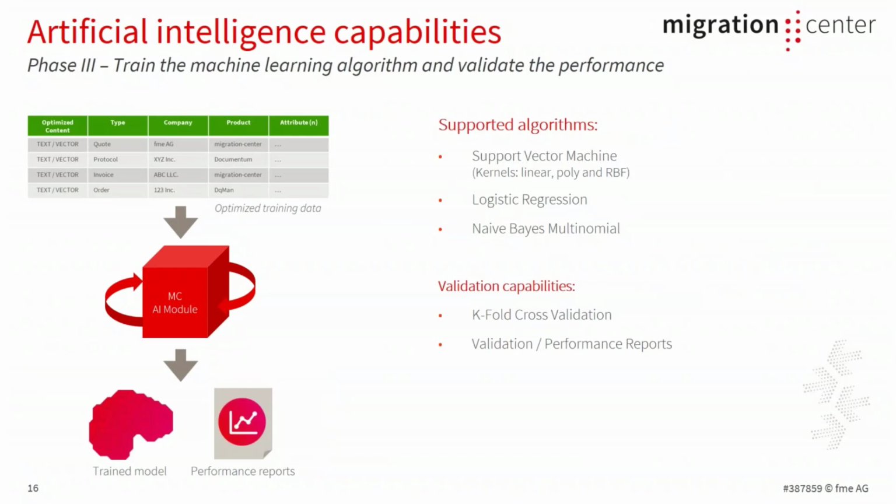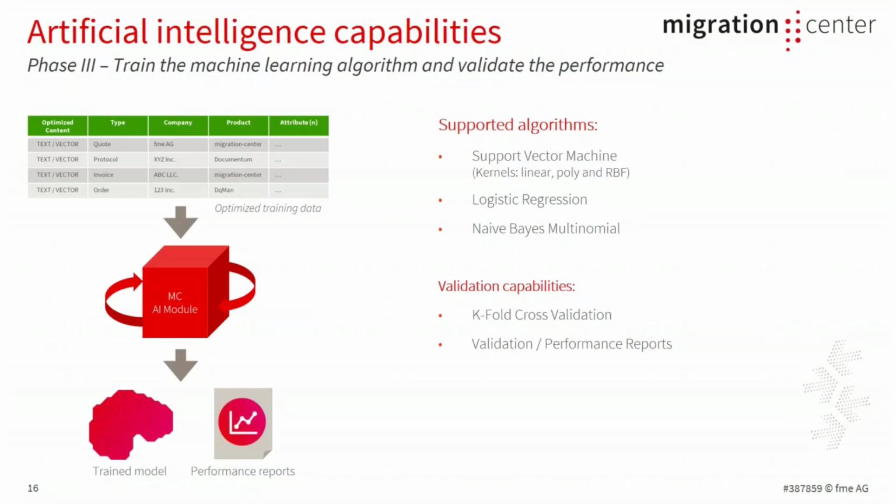Yeah, and if we have this optimized training data set, we start the training process. Currently we support 3 different algorithms within our module: support vector machine, logistic regression, and naive Bayes. You can choose between these 3 algorithms, which are useful for different scenarios.